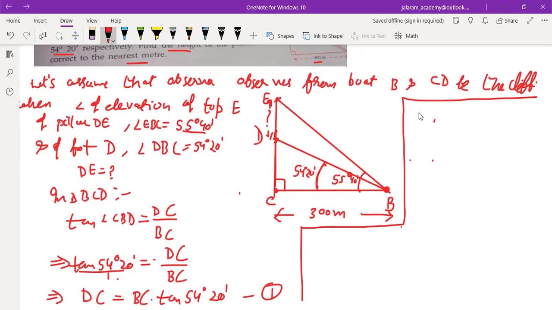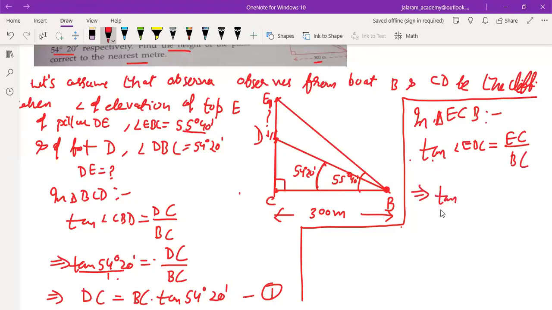Okay. Now again take the other triangle. The other triangle which is right angle is this triangle ECB. In triangle ECB, we again use tan angle EBC equals perpendicular EC upon base BC. It implies tan 55 degree 40 minutes equals EC upon BC.